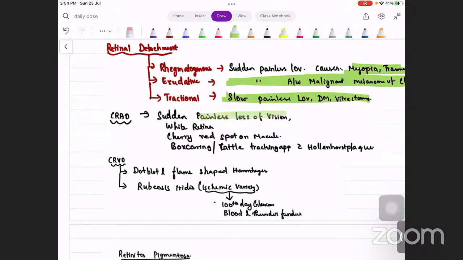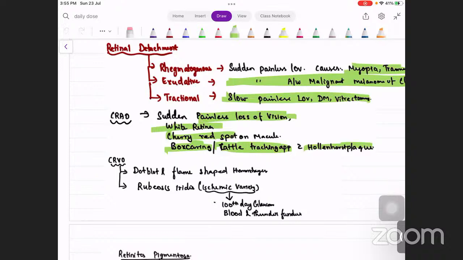Sudden painless loss of vision, white retina, cherry red spot on macula, box-carring or cattle-trucking appearance with Hollenhorst plaque. Cherry red spot on macula: CRAO. Very, very important.